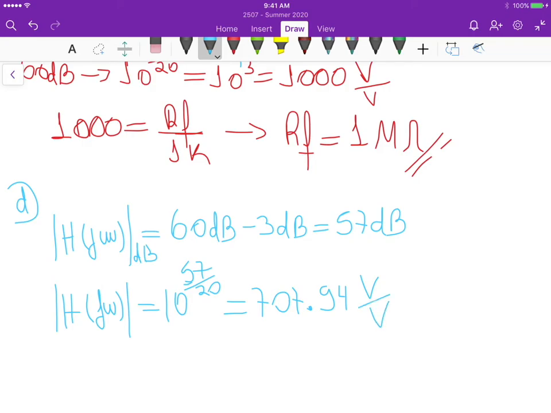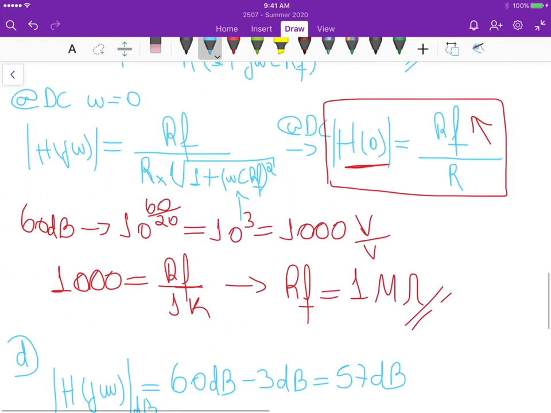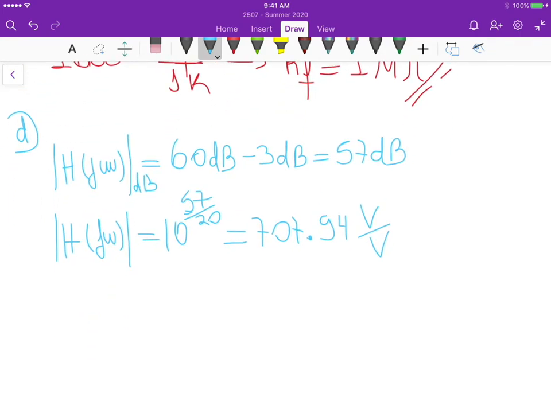So we decreased the gain by 3 dB. And now, because we know the magnitude of the voltage transfer function, this is the equation, we can plug in the linear magnitude and then isolate omega out of that equation.